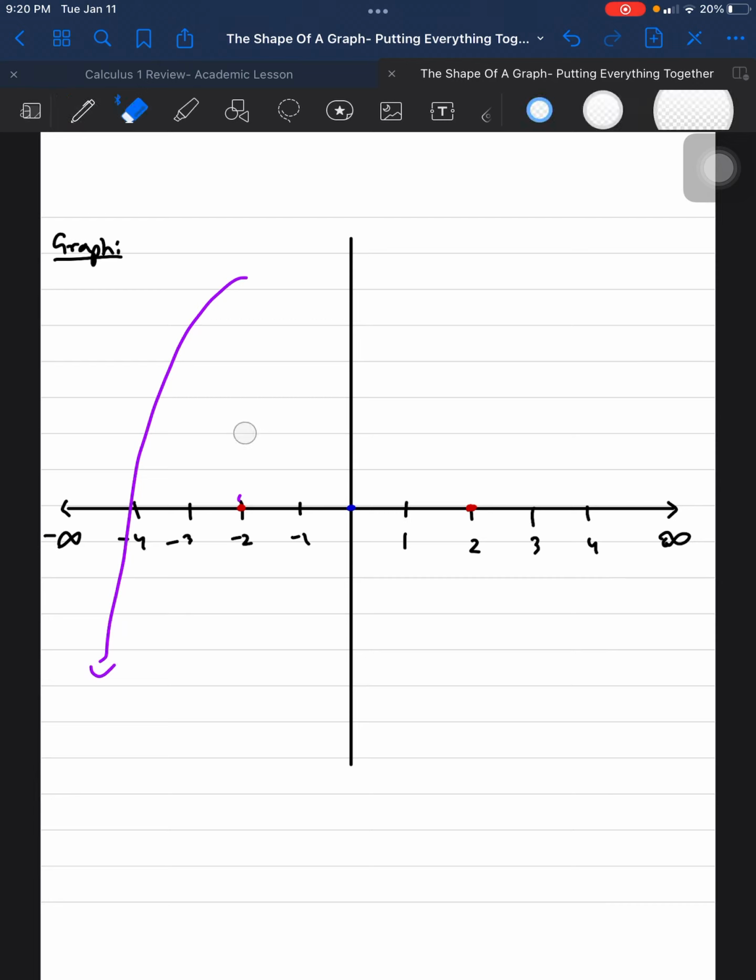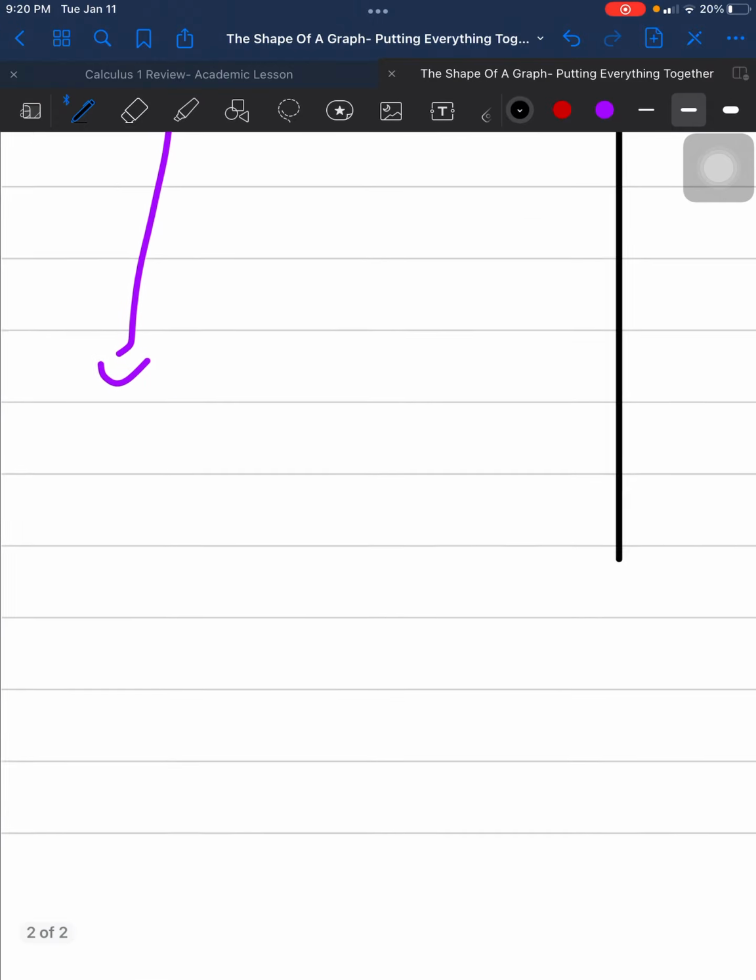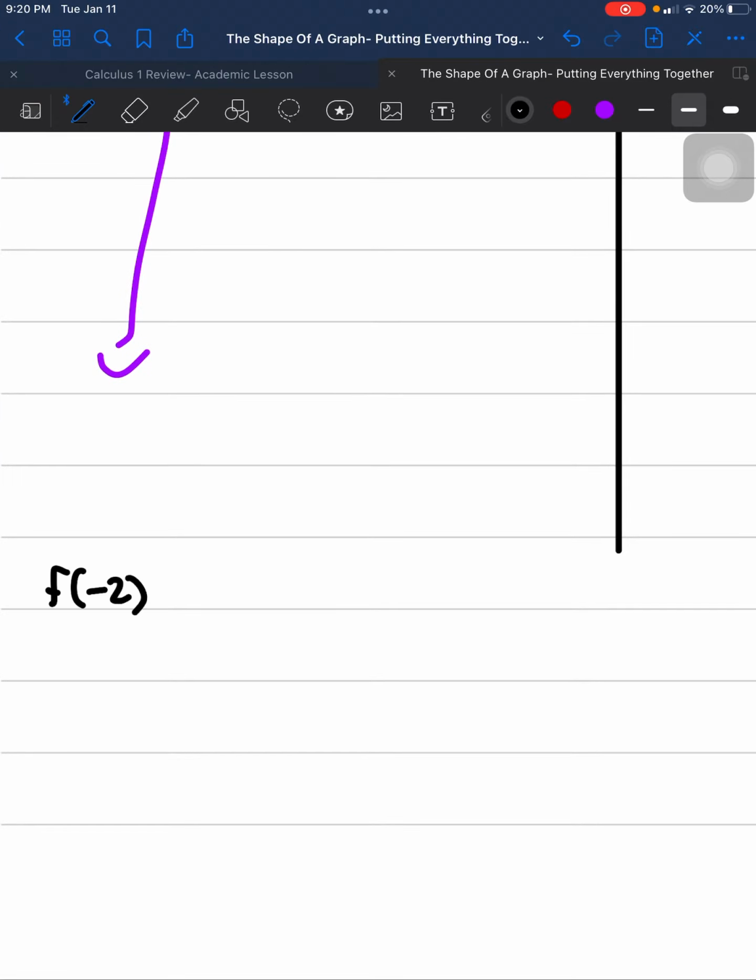And then, if you wanted to, you can evaluate -2 in the original function to get a y value. So let's do f of -2. It's going to be -2 cubed minus 12 times -2.